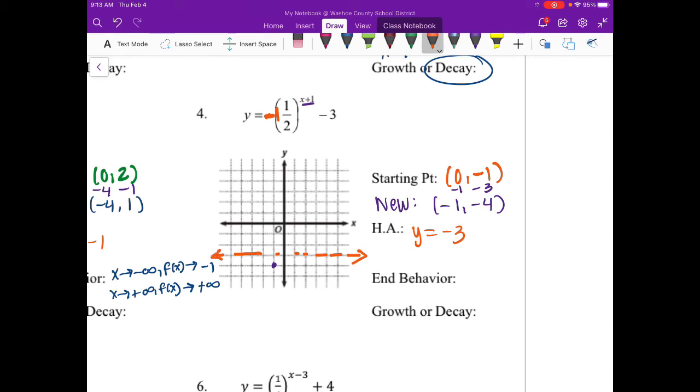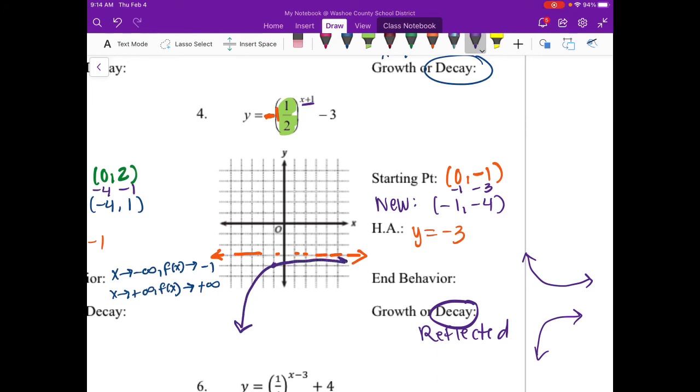Okay, and here is the fun one that we were talking about. So this is going to be a decay, technically, but it is reflected. So although we generally think of decays going this way, it's going to be reflected, so it should look more like this. Okay, so that makes sense because it shouldn't cross my asymptote, so the graph needs to be going this way and then approaching my asymptote that way.